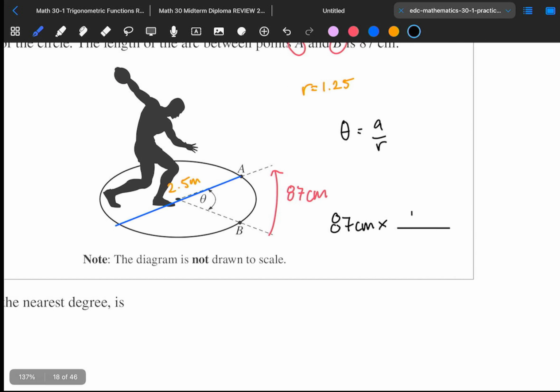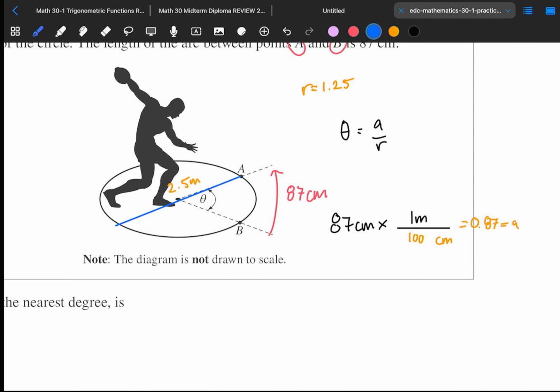In 1 meter, which is what we want, we put that on the numerator, and we divide by what we don't want. We don't want centimeters, and there are 100 centimeters in 1 meter. So 87 divided by 100 gives you 0.87, which is going to be your arc length.